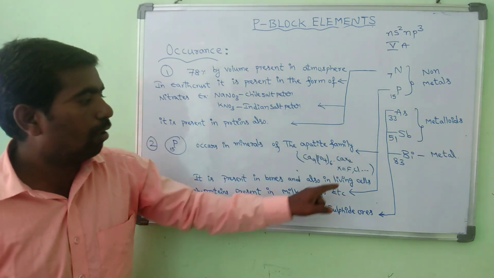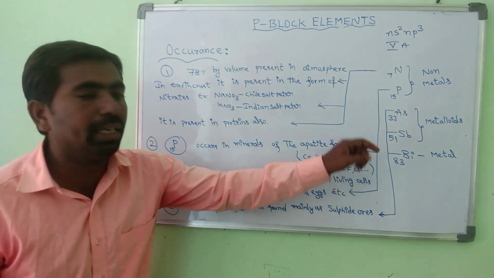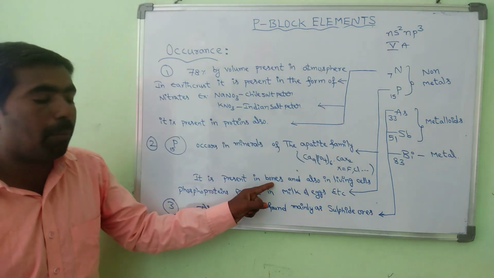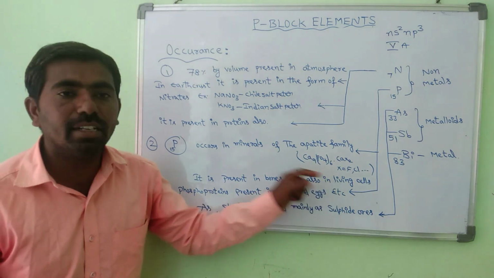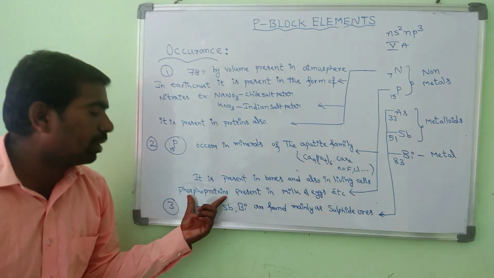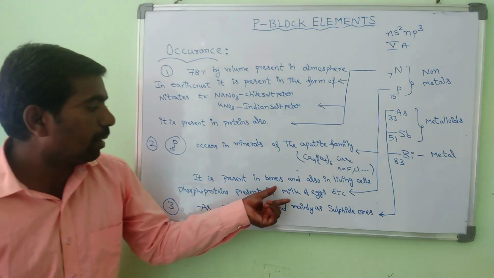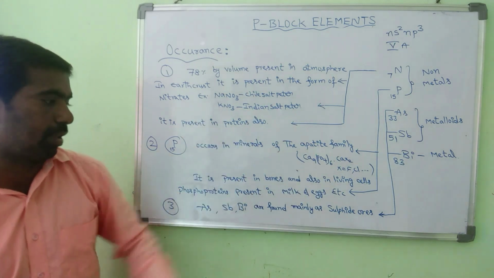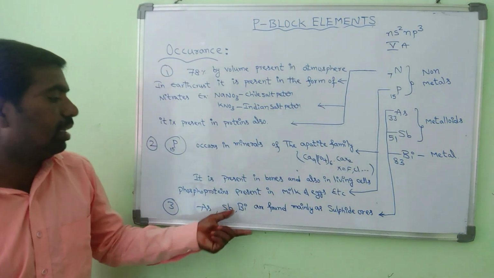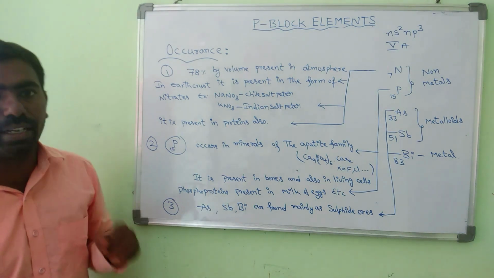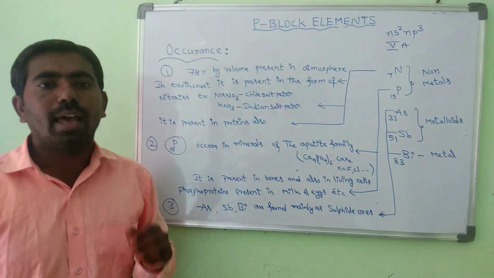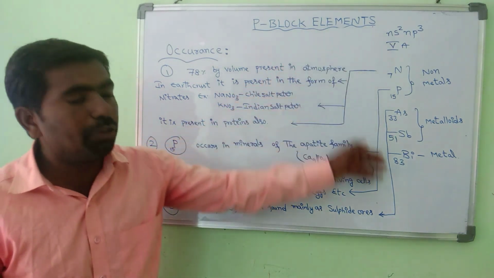Here X means fluorine or chlorine or bromine, etc. Phosphorus is also present in bones and living cells of animals, and in phosphoproteins, which are present in milk and eggs, etc. And the final three elements, arsenic, antimony and bismuth, occur in the earth's crust in the form of sulfide ores. This is about the occurrence of 5th A group elements.